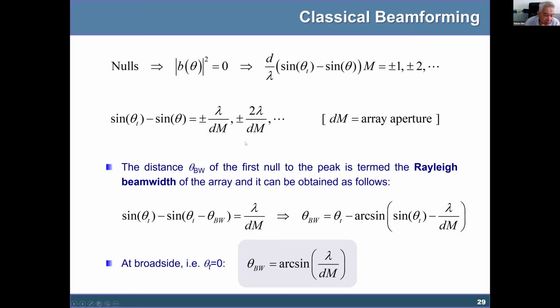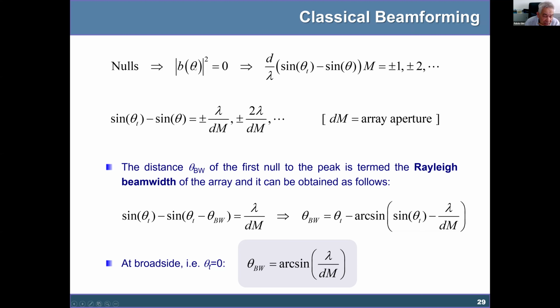Now, let's calculate the closest null. So for this quantity equal to -1, let's call the distance from the peak theta BW. So theta BW is what is called the beam width from the peak to the first null.